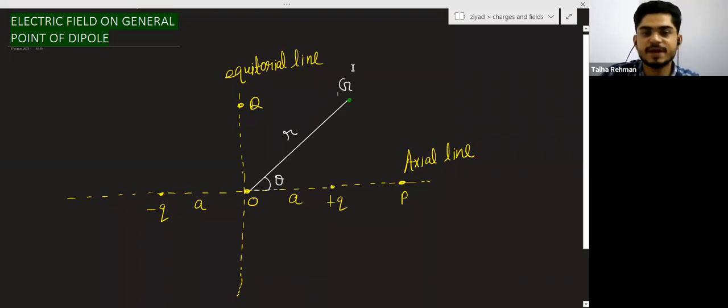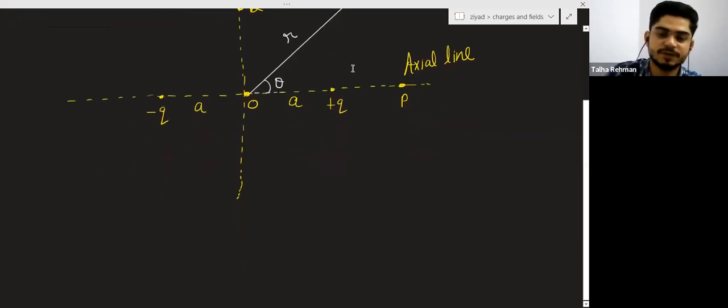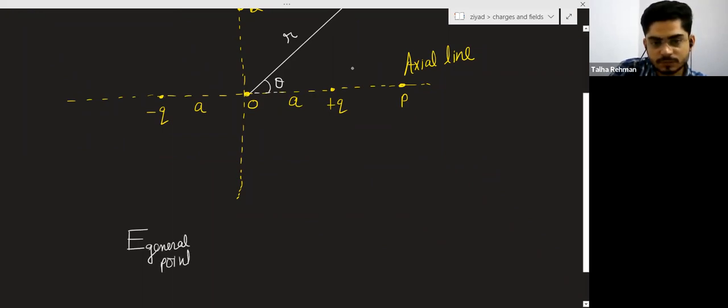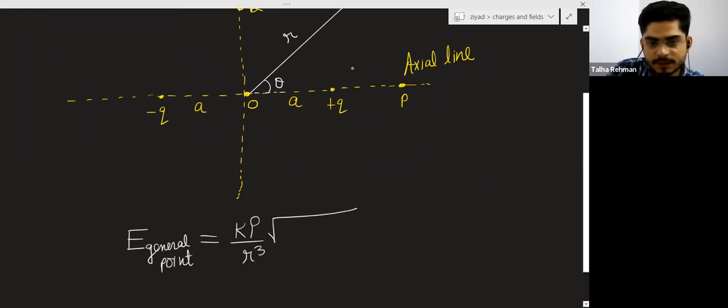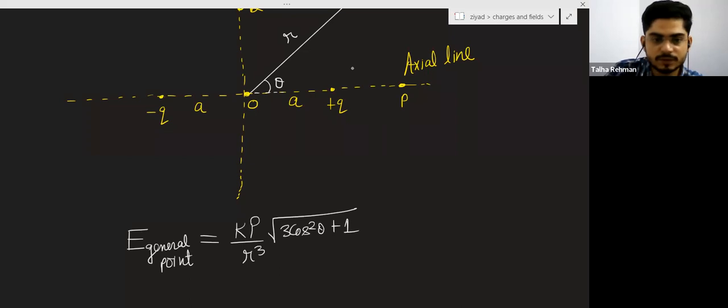I will write only the formula. The value of electric field at any general point is equal to K P upon r cube, under root of 3 cos square theta plus 1.